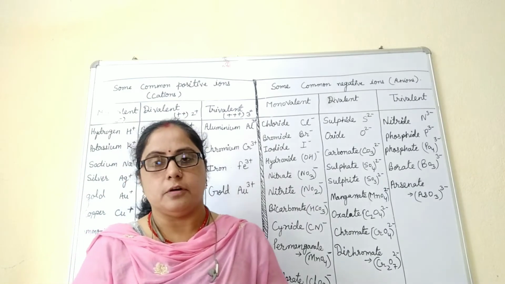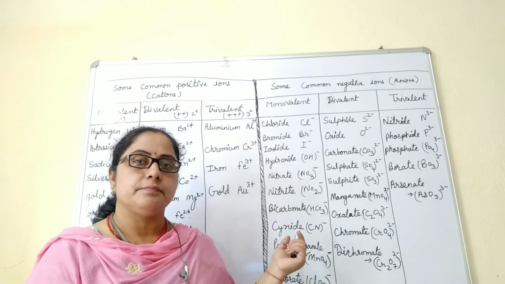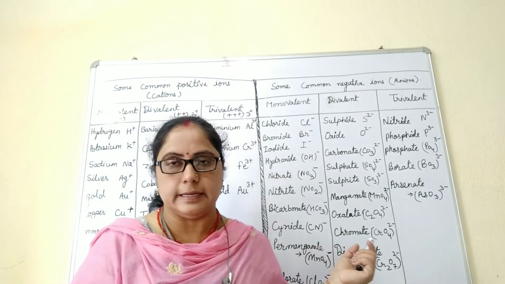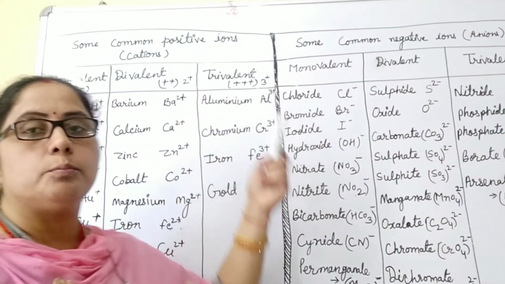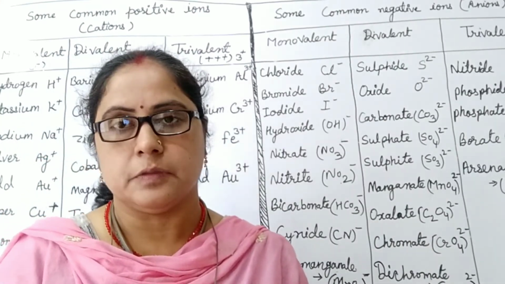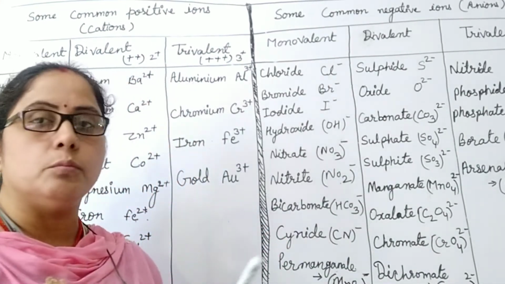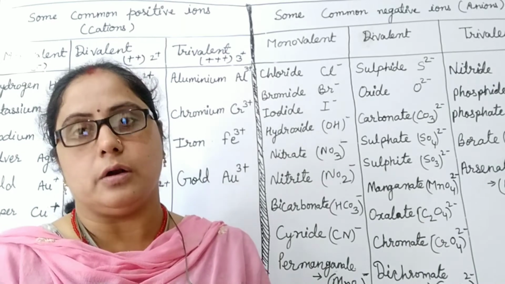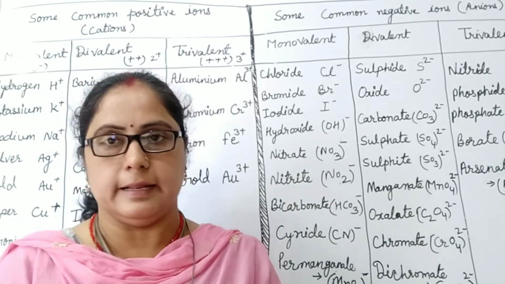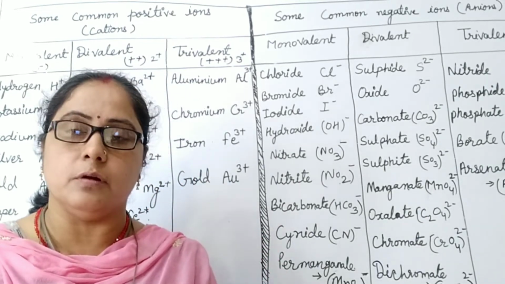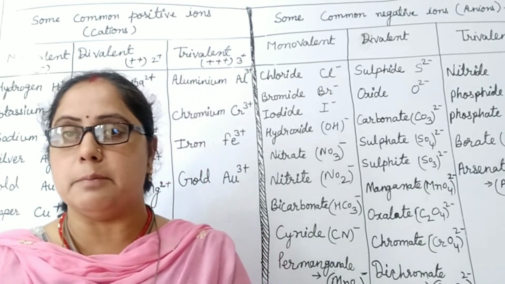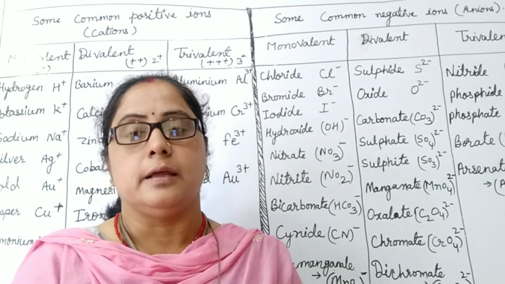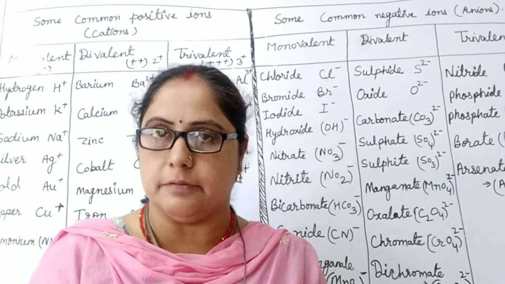These positively or negatively charged ions, which are also called cations and anions, carry 1, 2 or 3 positive or negative charges. So they are called mono, di or trivalent cations and anions. They are very helpful for making the chemical formula, and chemical formula is very important to represent a chemical reaction by using a chemical equation.